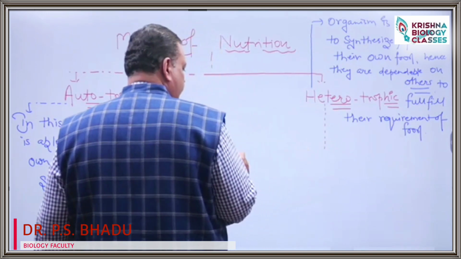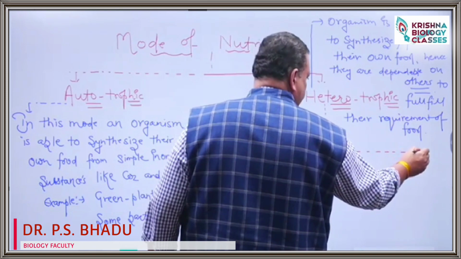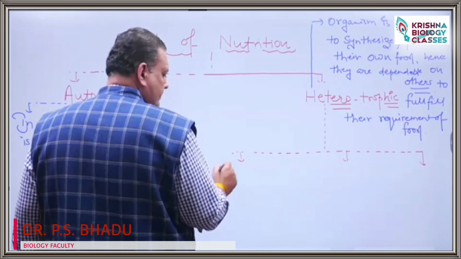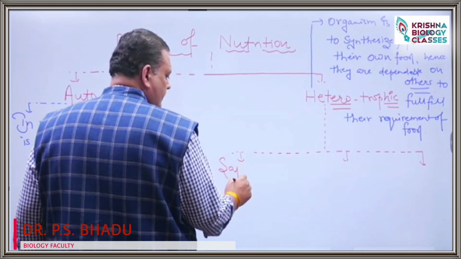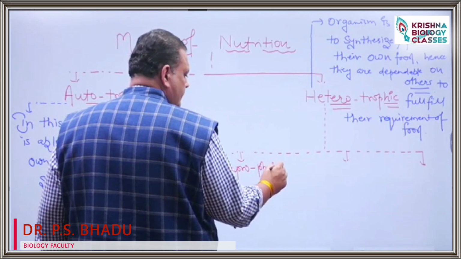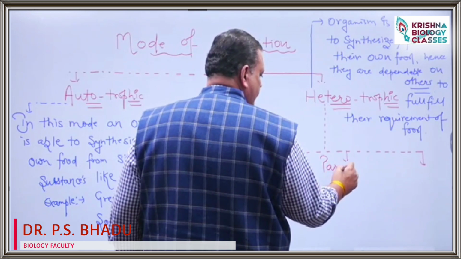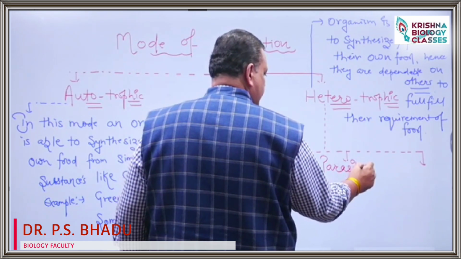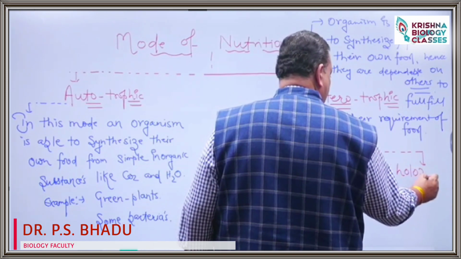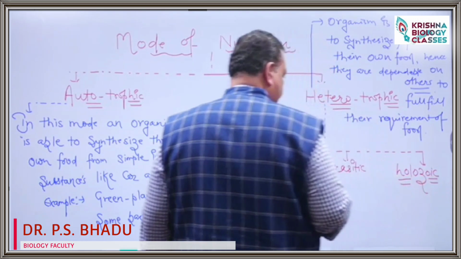It is further considered of three main types: saprophytic, parasitic, and holozoic.